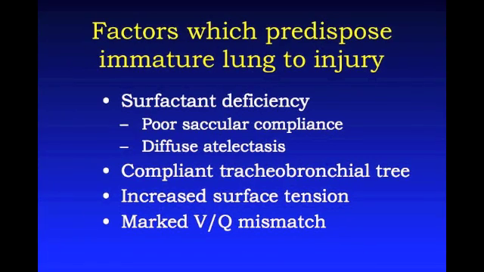One of the things that predisposes the neonatal lung to injury is surfactant deficiency, which leads to poor saccular compliance and atelectasis. A big issue is their compliant tracheobronchial tree, and we'll look at that in a minute, and their increased surface tension, and they have significant VQ mismatching.